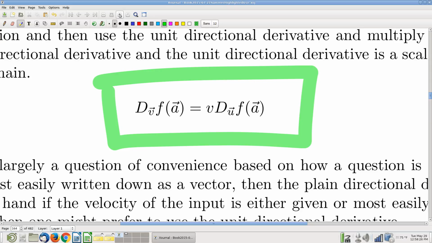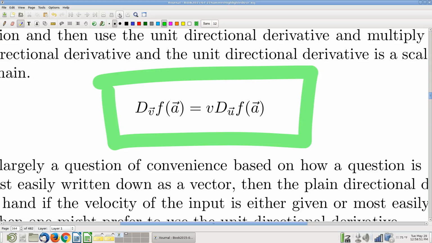No problem. Yeah, there's possibly some problem, but anyway, this is certainly an approach that you can take. Your alternative is take your velocity vector, factor out the magnitude, the speed, replace then as your velocity just the unit vector in the direction you're going, compute the unit directional derivative, and then multiply by the speed.